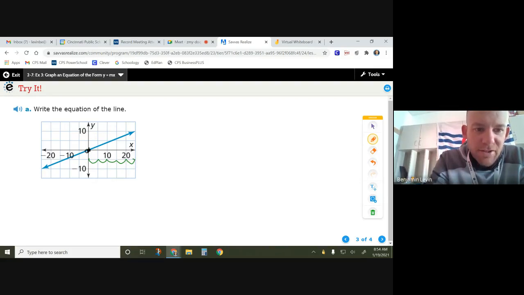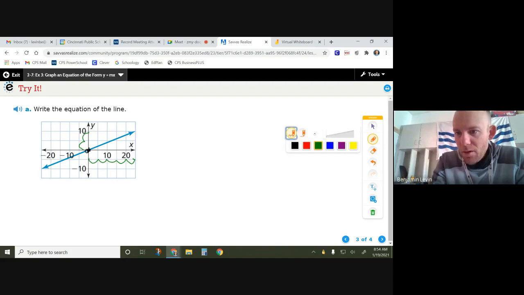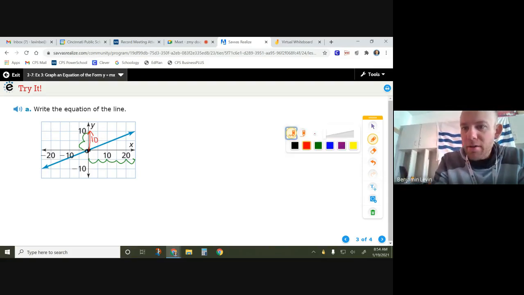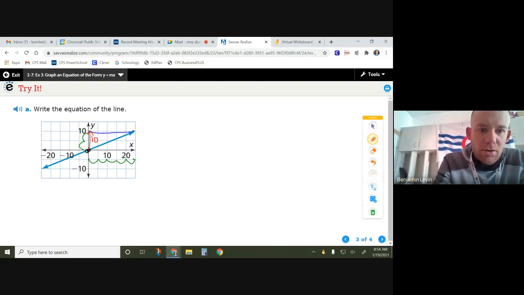So X is 25, and this one's also going by tens. 5, 10, right? So rise in red was 10, and our run was 25.